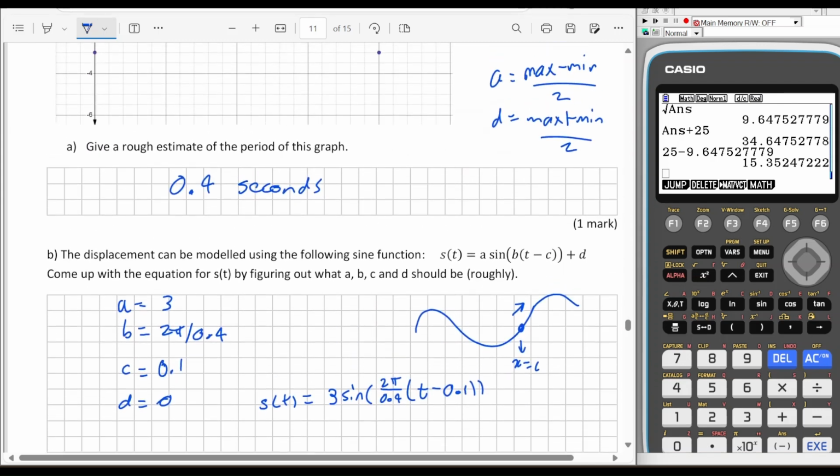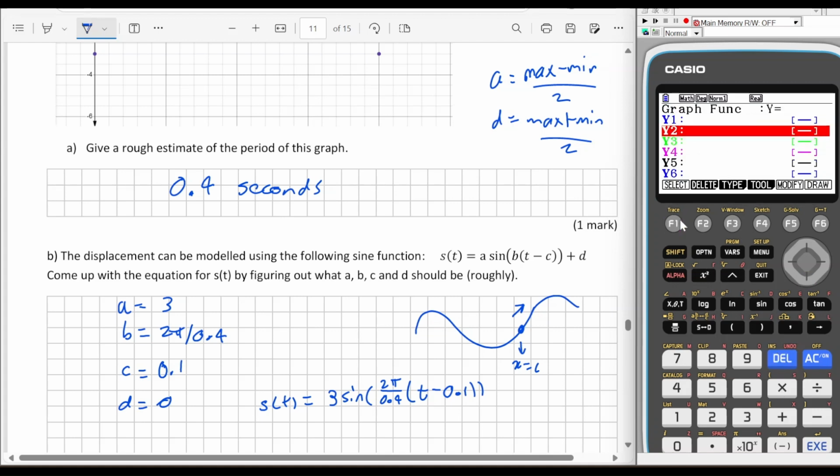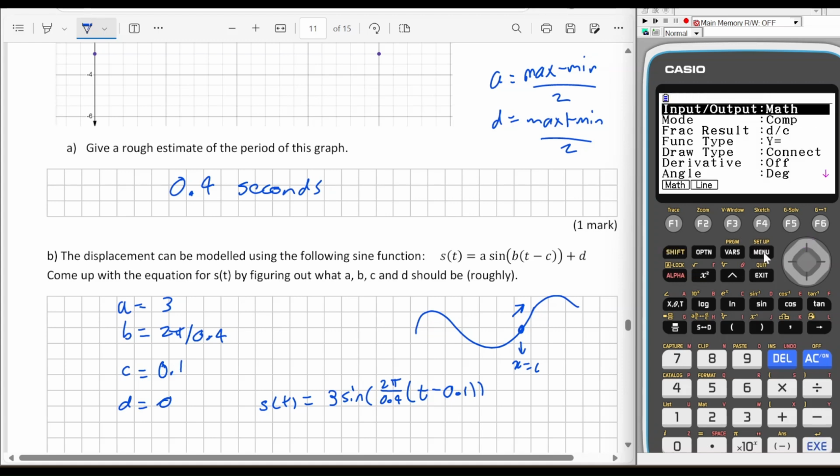All right, so what we can do is we can actually graph this on the calculator and get a check that it works. So we'll delete out all the old graphs there. Make sure that we're in radians. So I'm just going to go back and set myself to radians whenever we do a graph for trig.